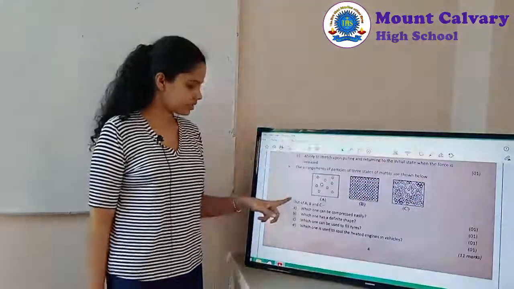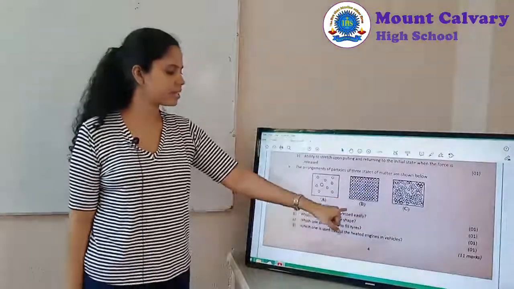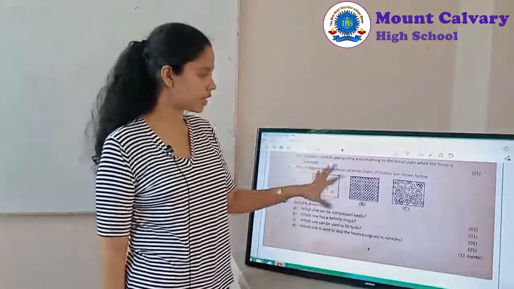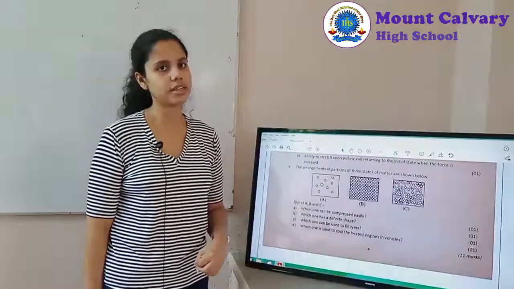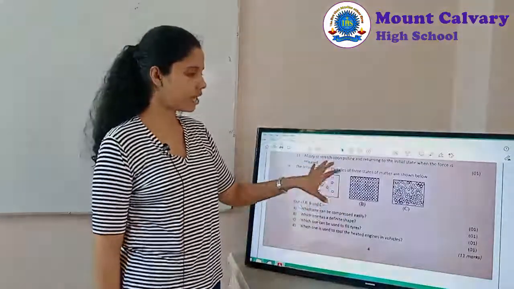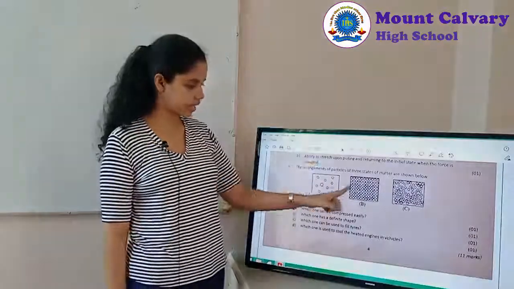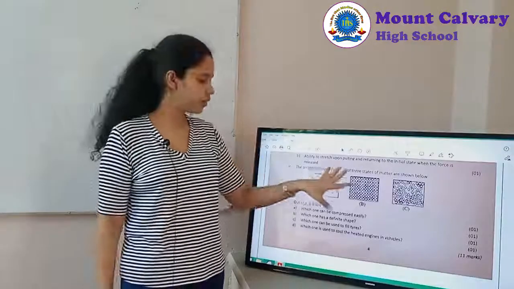Now if you take this A, B and C, they have asked you which one can be compressed easily. So which state here can you compress easily? Only gas, right? Matter A, that means gas. You can only compress easily only gas.